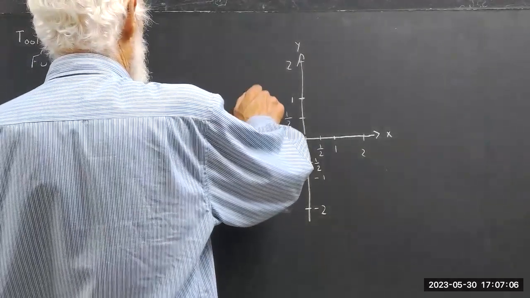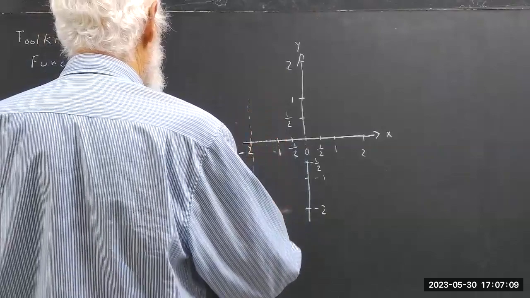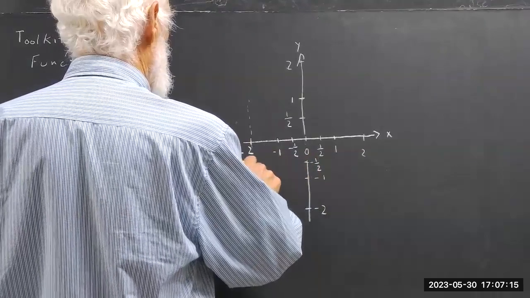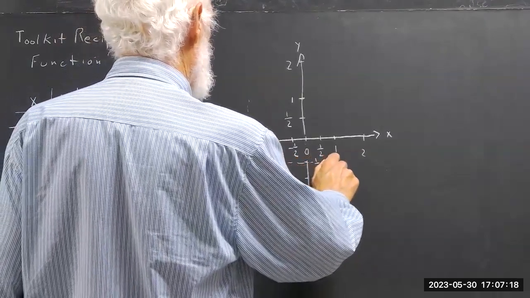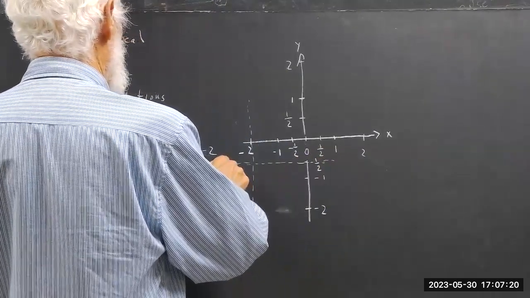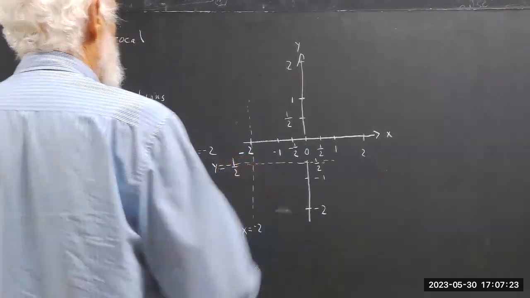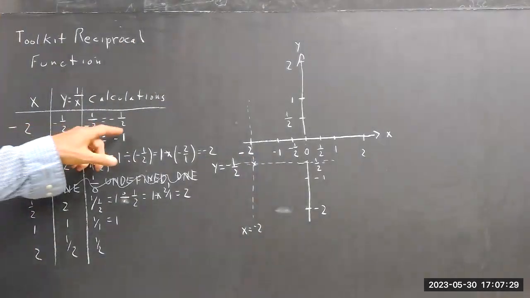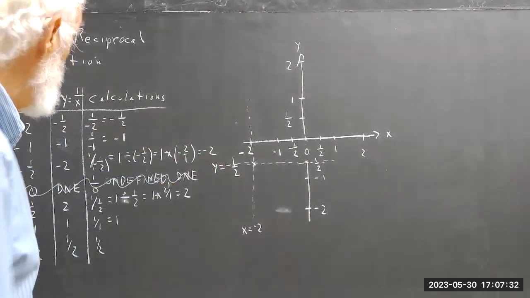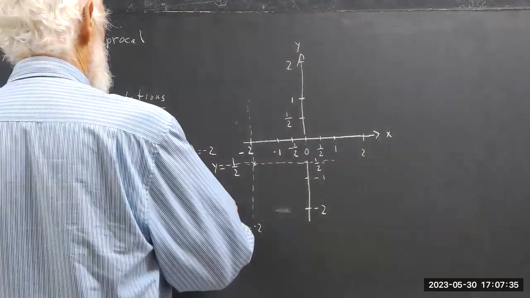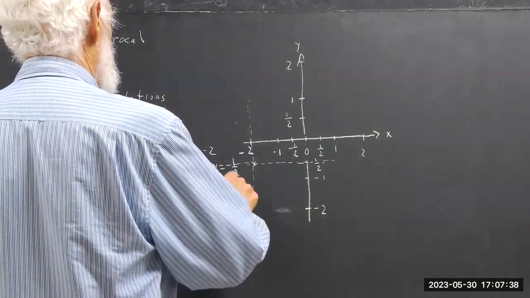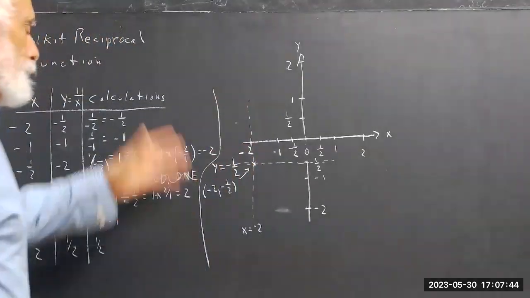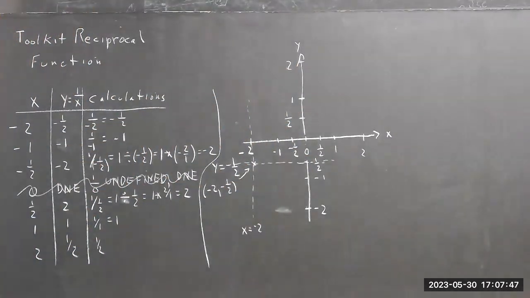So we sketch the line for X equals -2, and the line where Y equals -1/2. And at the point where those lines intersect, X is equal to -2, Y is equal to -1/2. So that's the point -2, -1/2. We can actually label that -2, -1/2. And a little arrow, and then we draw a boundary between the graph and the table.